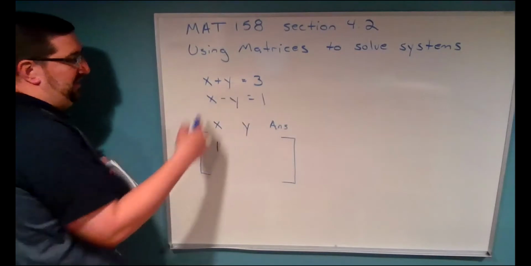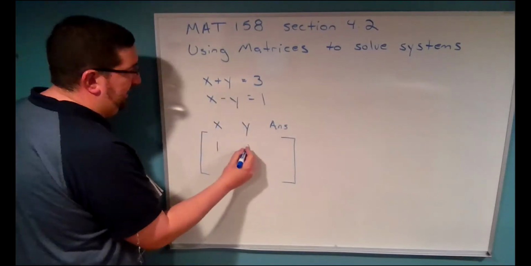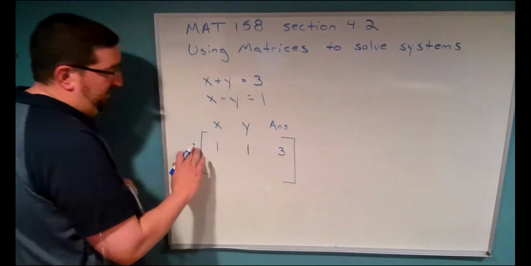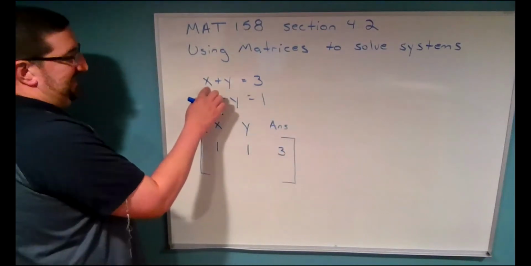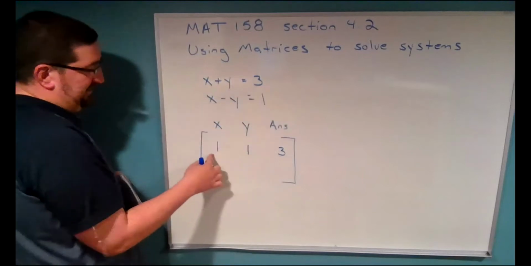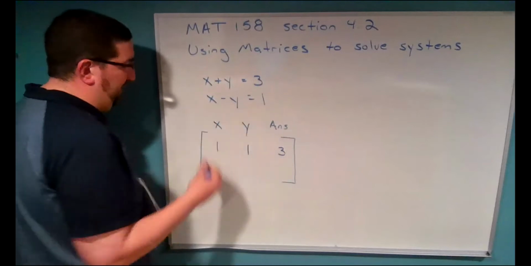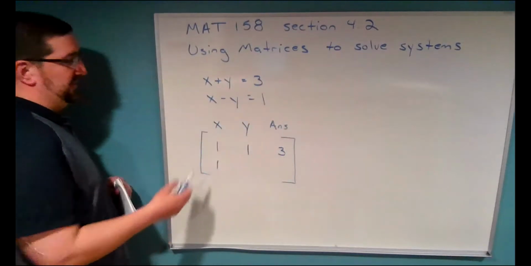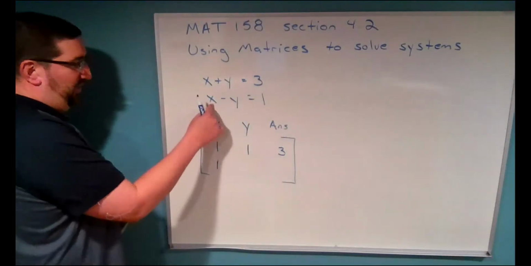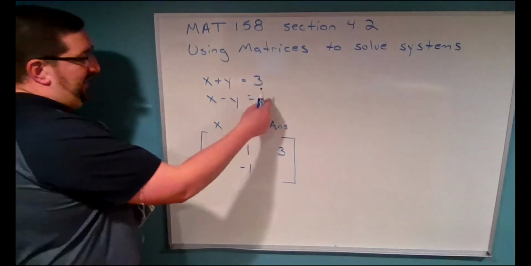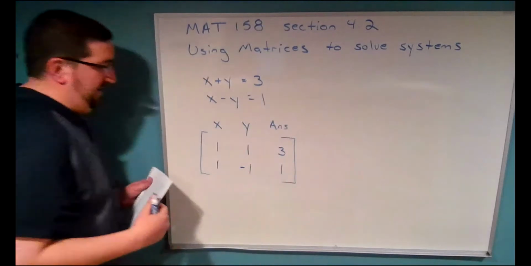The coefficient in front of the y is 1. And the answer is 3. So this row represents the x, the y, and the answer of the first equation. For our second equation, we have a coefficient on the x of 1, a coefficient on the y of -1, and the answer is 1.